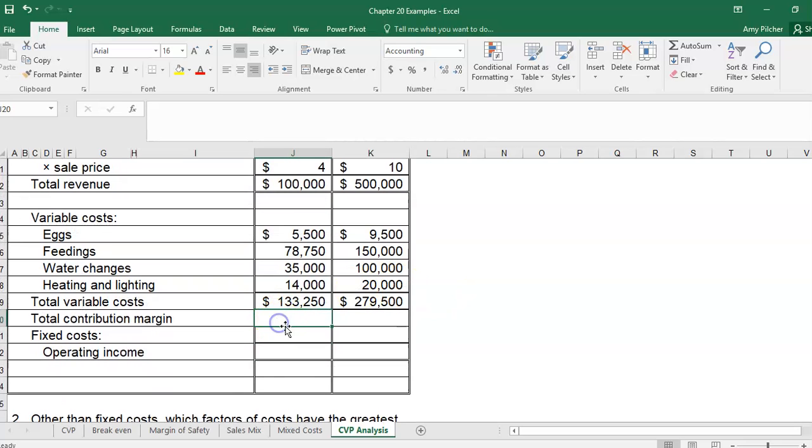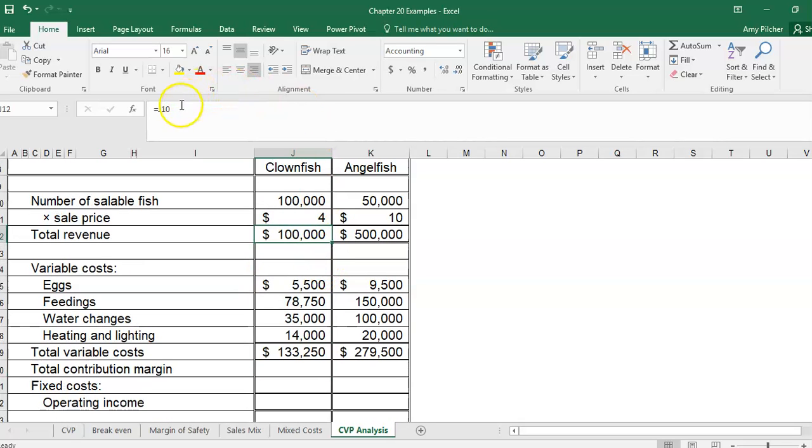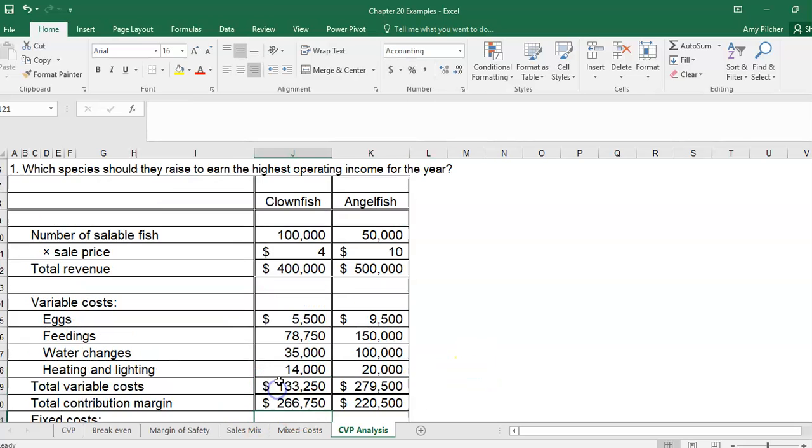So now we have a contribution margin. We take our revenues minus variable costs. So revenue minus variable costs gives us our contribution margin. And then minus our fixed costs.